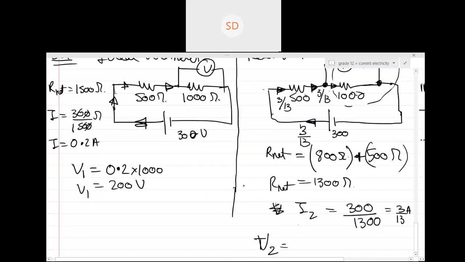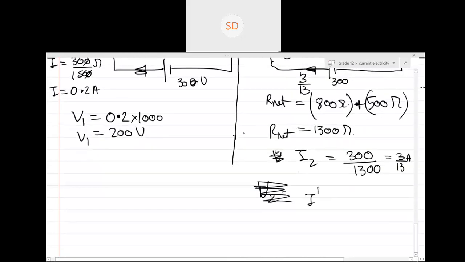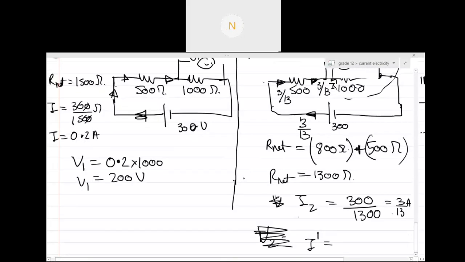So let's say a current of I dash goes over here. So let's name it as I dash. So I dash will be equal to 4000 upon 5000 multiplied by 3 by 13.